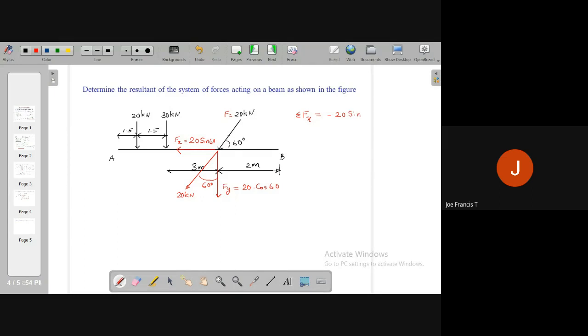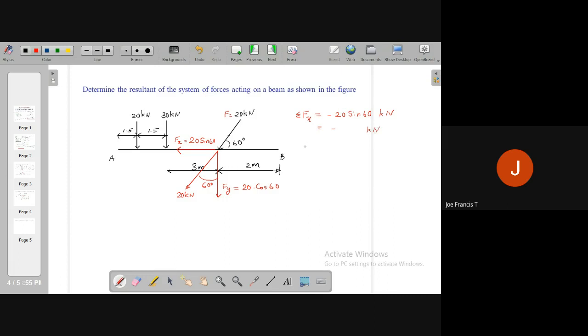Again, the same convention that I've taken earlier: the positive X direction is positive, and all the forces in the negative X direction I take as negative. So I take this as negative, and you get a value here, minus so much kilonewton.